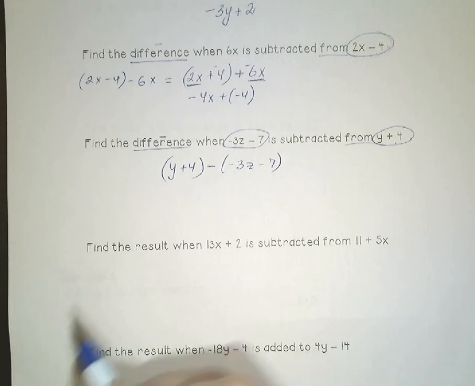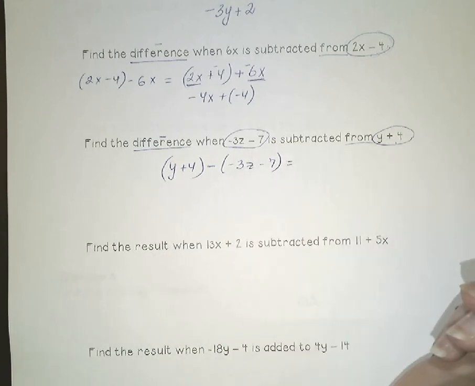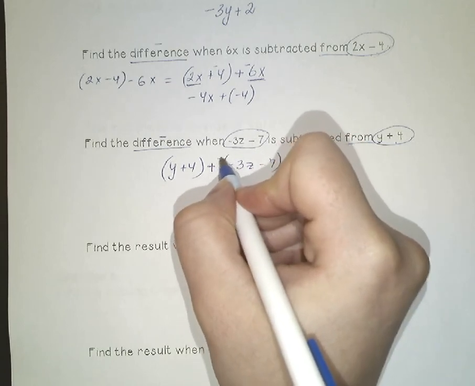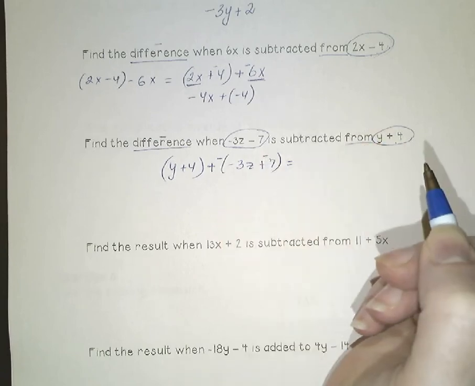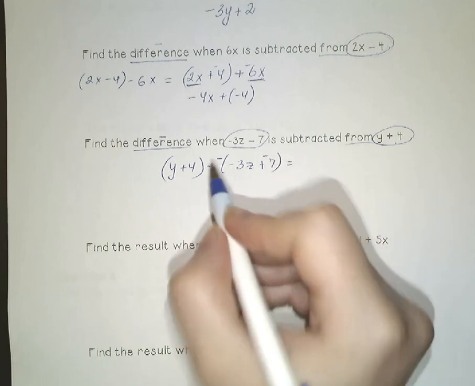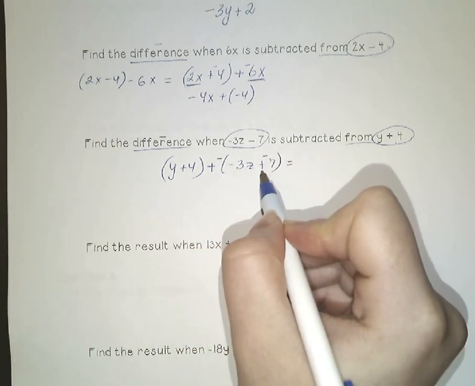Okay, now I need to make sure that I change them all into addition, right, to be able to simplify. So I will have plus negative here, plus negative here. That is where it becomes tricky, because here now you see the opposite of the sum.